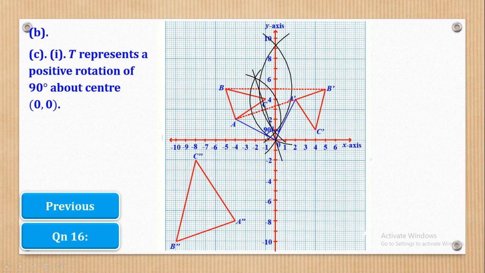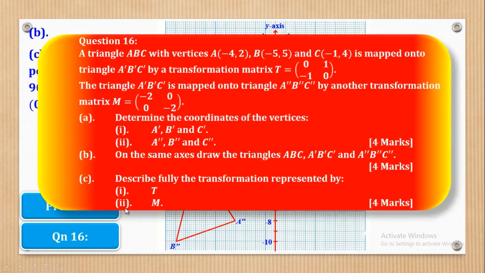Therefore it is from A to A prime, the image, in the clockwise sense. Therefore we shall describe our transformation T as a positive rotation of 90 degrees about center 0, 0.